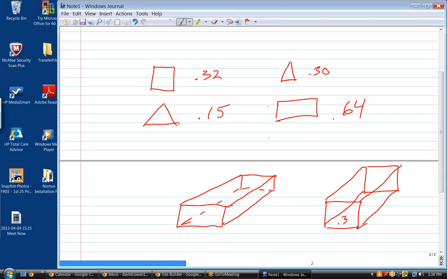In other words, this one's 32, this one's 32, and then there's 4 rectangles, each one of them 64. Yeah. So the cost is going to be 2 times 0.32 plus 4 times 0.64.